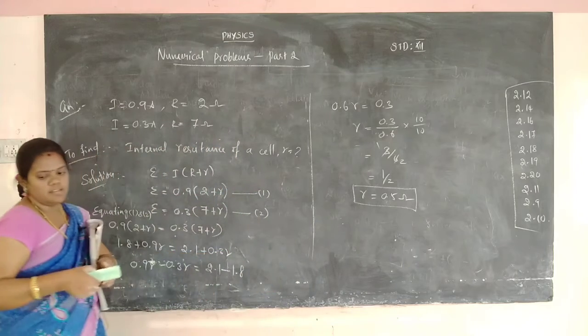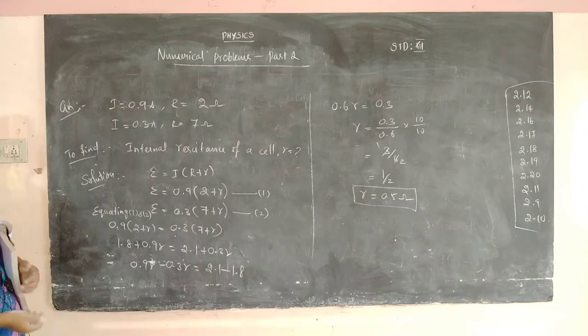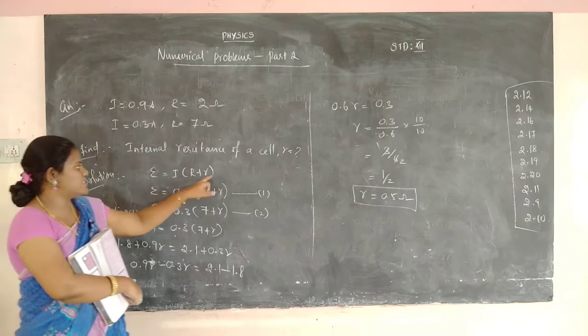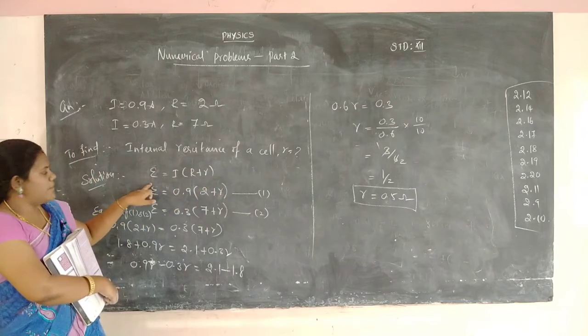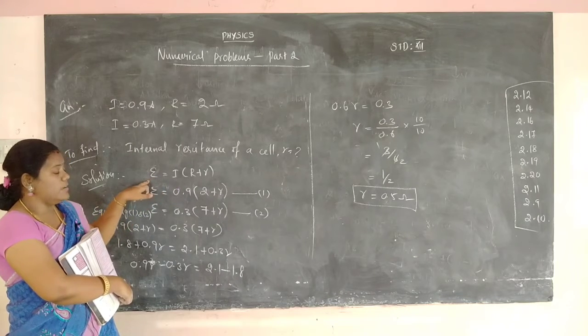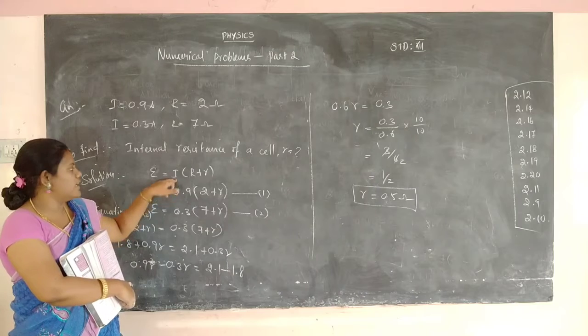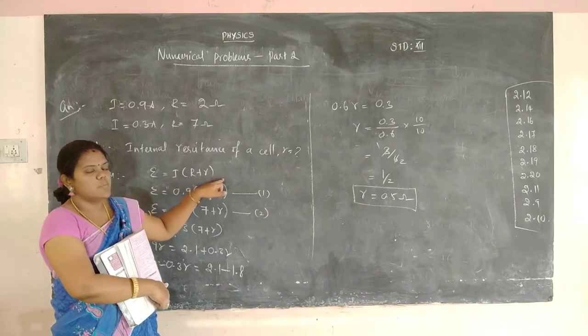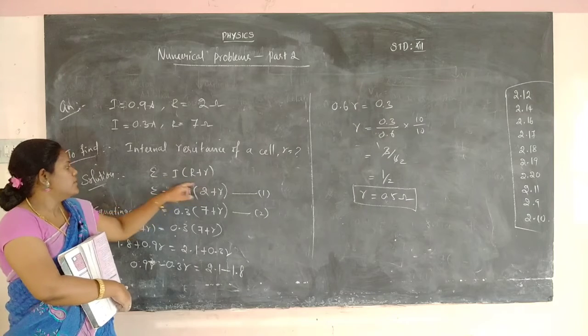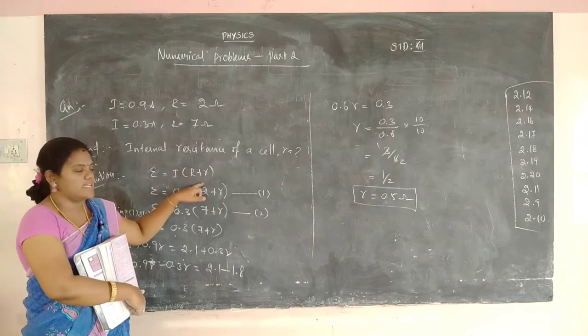How did we get this? First we should know the formula, E is equal to I into R plus r. E is the EMF, I is the current, R is the external resistance, and small r is the internal resistance. We substitute the first current and first resistor, and the second current and second resistor.